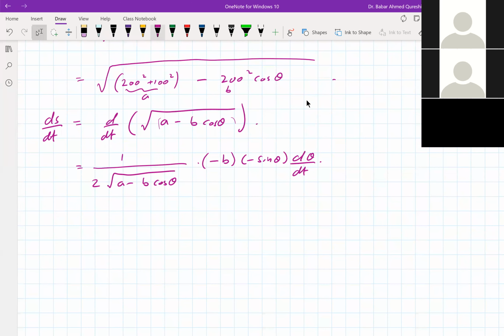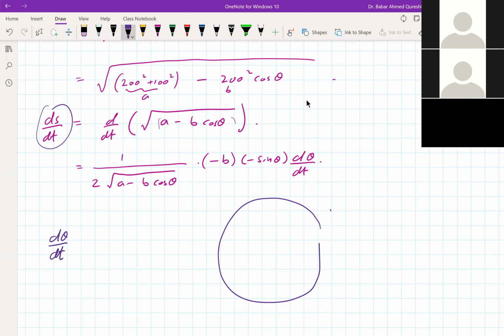So what is d theta by dt? This should have been given to us if we want to compute this. And they tell us the runner goes at a constant speed of 7 meters per second. So the circle had a radius of 100.